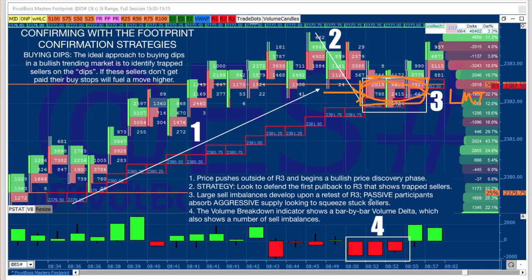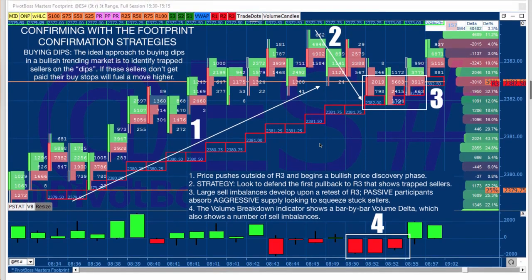And these are passive buyers. Those passive buyers, typically speaking, have deeper pockets and are looking to absorb and use those sellers as fuel to push price higher. That's typically what happens. And so yesterday when we were looking at this live, that was the idea in the trading room. That's what we looked for, and that's what played out.